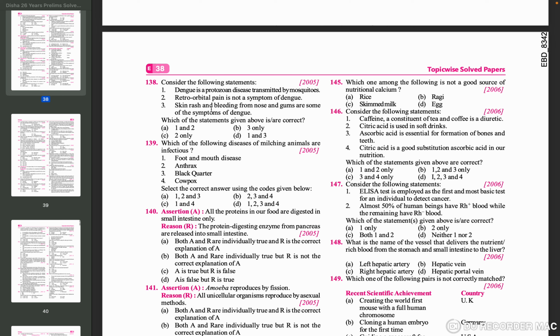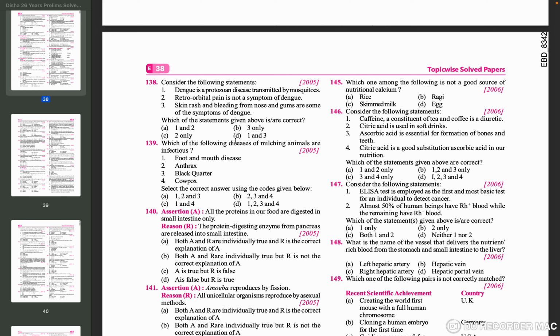And also we learned that the symptoms are almost the same. That rash and pain, but bleeding doesn't happen. That's why option 3 is correct. And retro-orbital pain also does not happen.